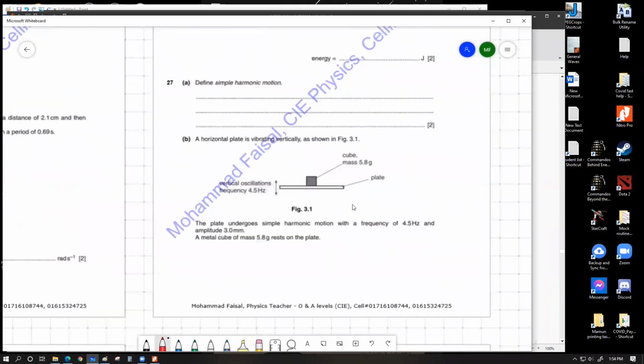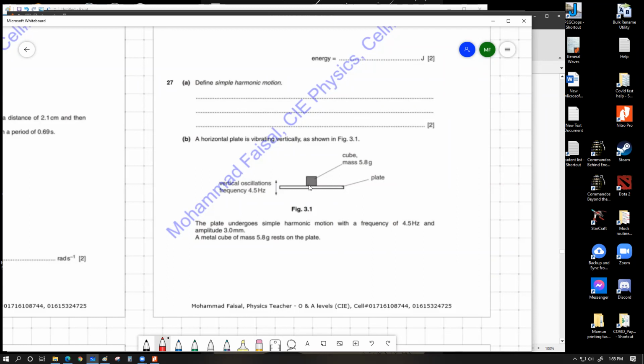Question says define simple harmonic motion. এটা লিখবা। Second part says a horizontal plate is vibrating vertically as shown in figure 3.1. Vertical oscillations, frequency 4.5 hertz. The plate undergoes simple harmonic motion with a frequency of 4.5 hertz and amplitude of 3.0 millimeter. A metal cube of mass 5.8 gram rests on the plate.